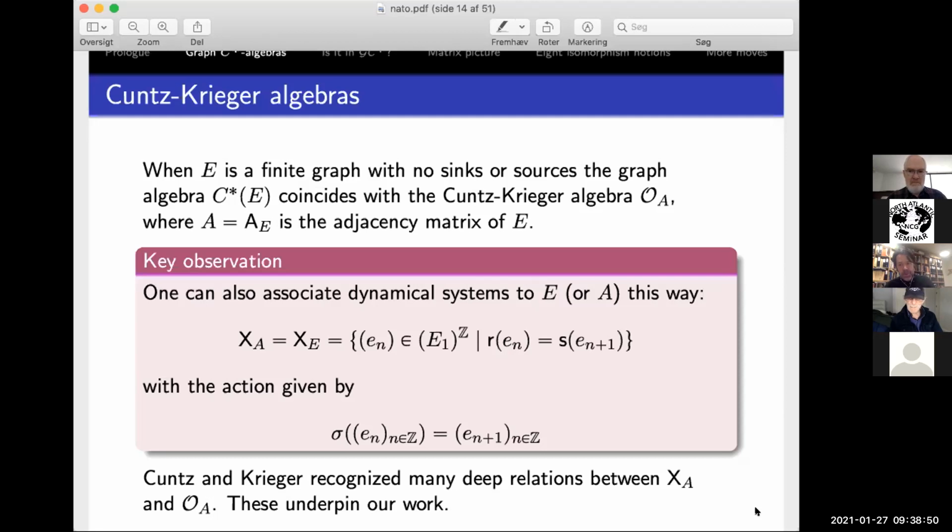These relations between symbolic dynamics and the so-called Williams problem, which has to do with the difference between being shift equivalent and strong shift equivalent, are extremely important for all that I do. But I'm suppressing this in this talk because it would take too long to explain the relation here.